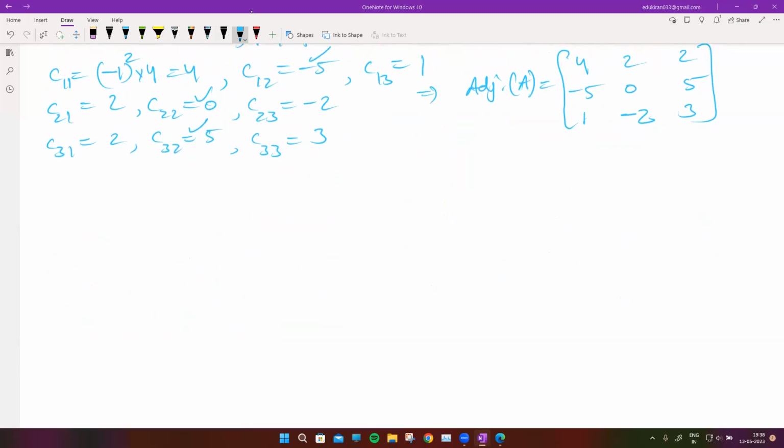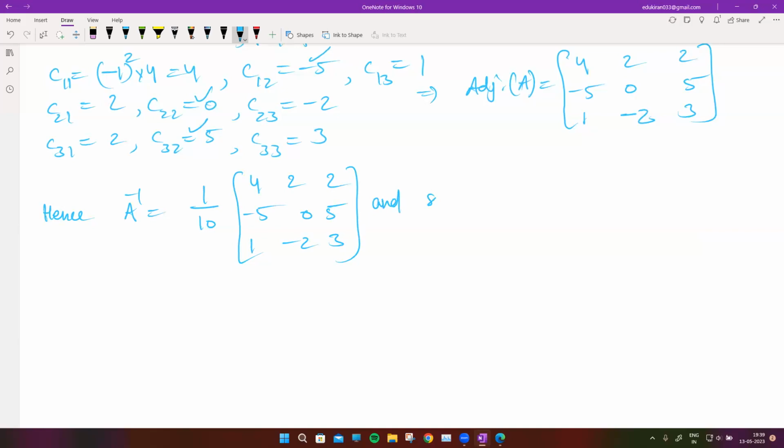So the A inverse will be 1 by 10 times 4, 2, 2, minus 5, 0, 5, 1, minus 2, 3.